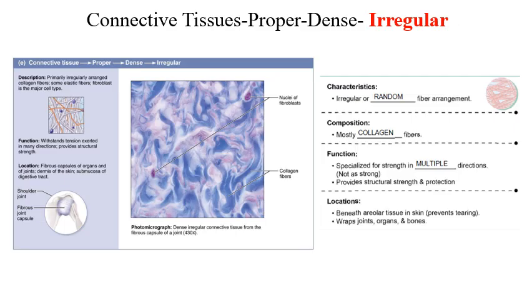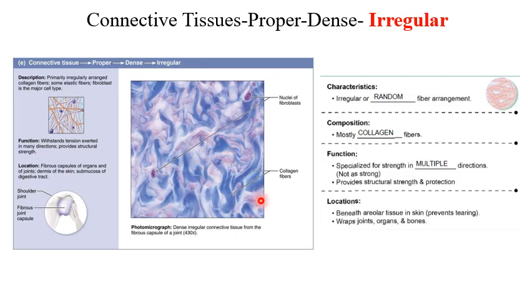Okay, and here is a picture of irregular dense connective tissue proper. You look at the arrangement of these fibers, and you see they are all randomly thrown in there, with very little matrix. They're mainly collagen fibers, and the use of this tissue is mainly to protect whatever is surrounding it.